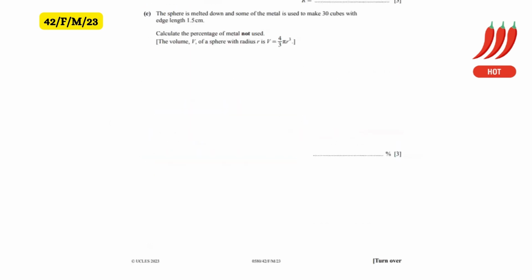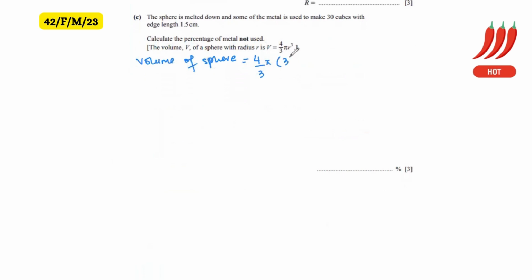Next question. The sphere is melted down and some of the metal is used to make 30 cubes with edge length 1.5 centimeters. Calculate the percentage of the metal not used. So for this sphere, the volume was 4/3 pi r cubed, r being 3.